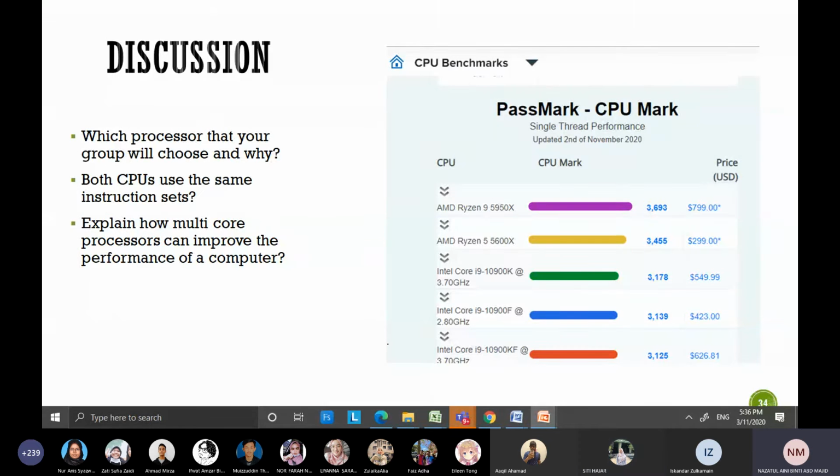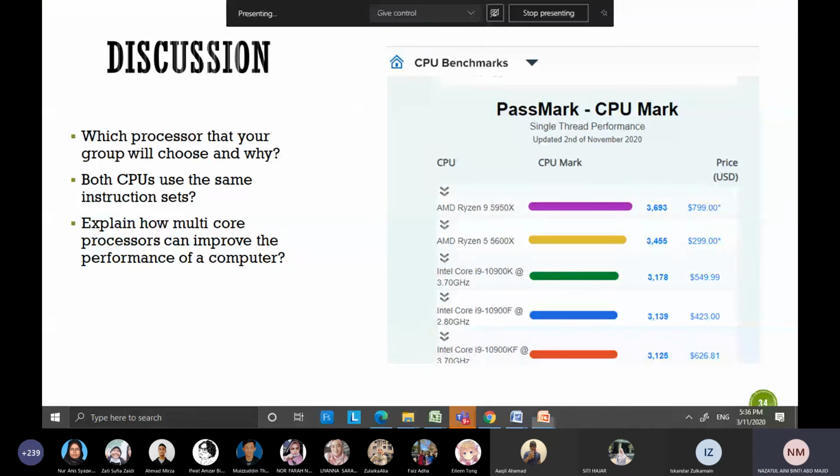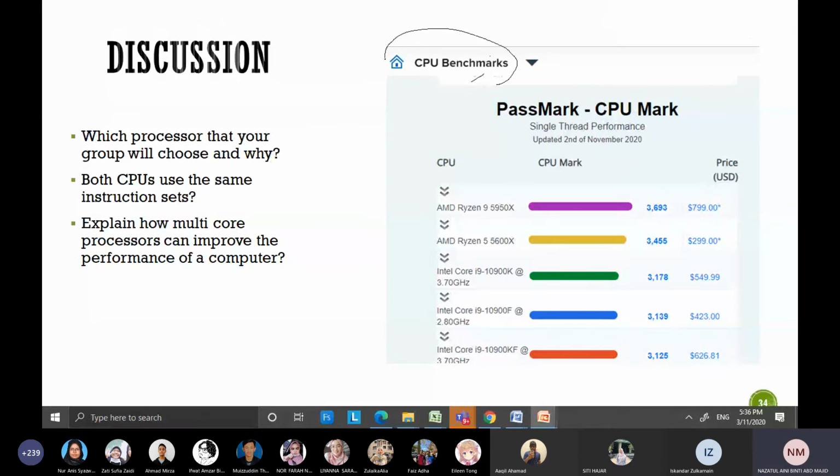As usual, if you have time in your groups, I would really like you to go to CPU benchmarks here. You can see that.